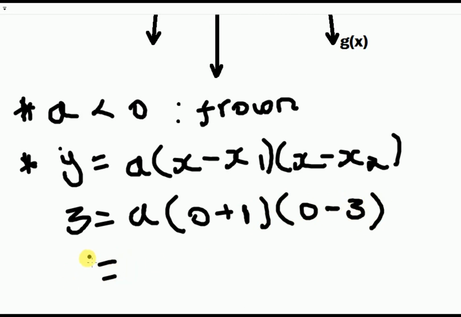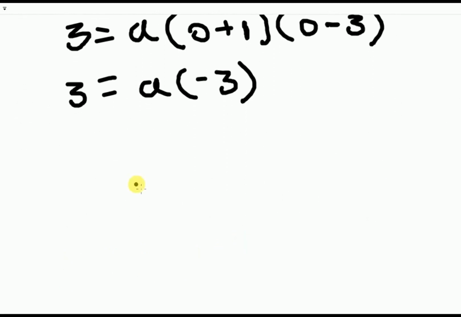So this is going to give us 3 is equal to A multiplied by minus 3, which is going to give us that A is equal to minus 1.